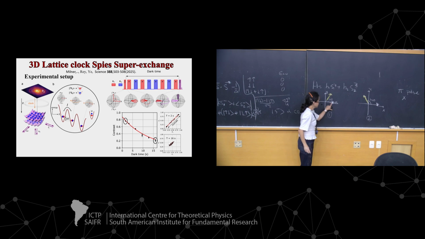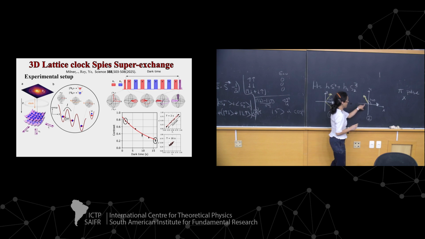The X component of the spin is not going to be affected, but the Y component goes from plus to minus. And for the other spin, the same: after the pi pulse, the X component is not affected, but I have my new spin with the same X component, just pointing down.